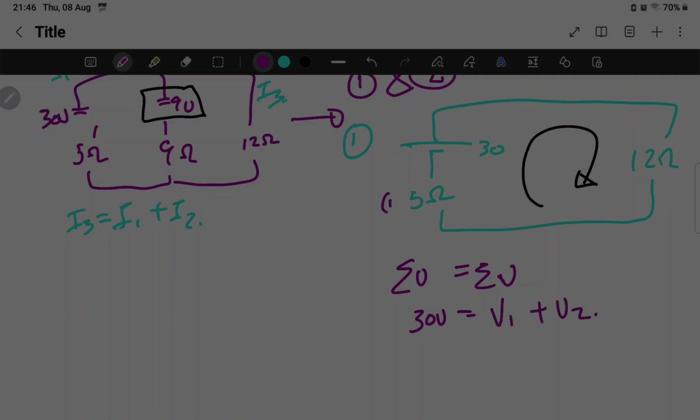So let's use A and B. This here is A, that's B. So we have 5 I1 plus 12 I3.